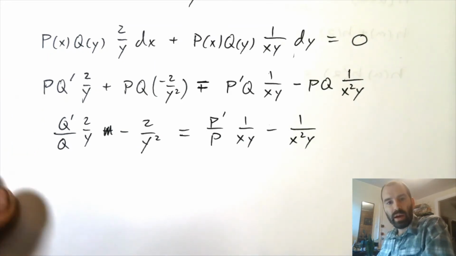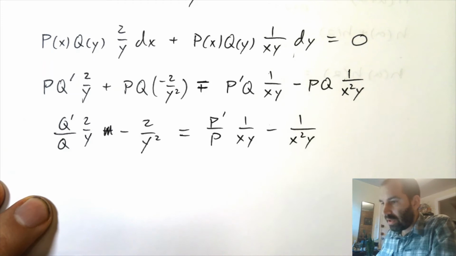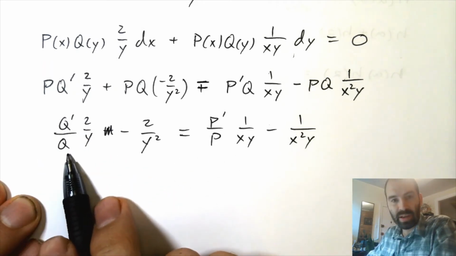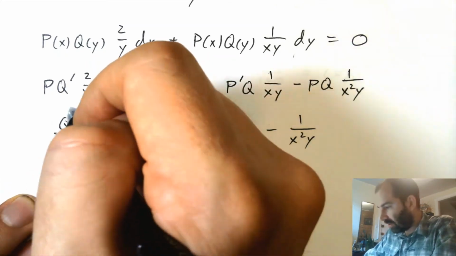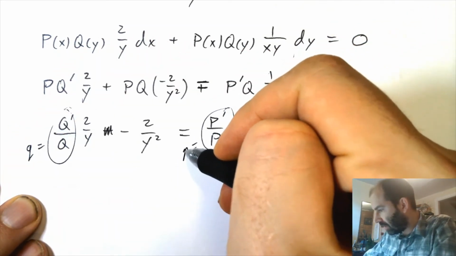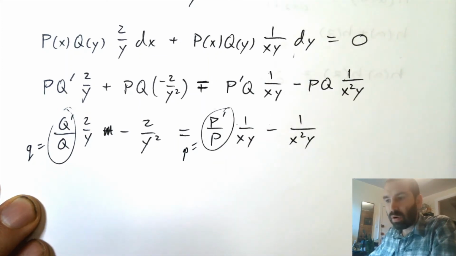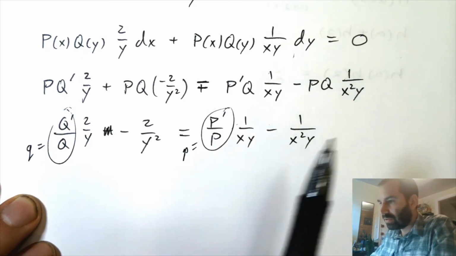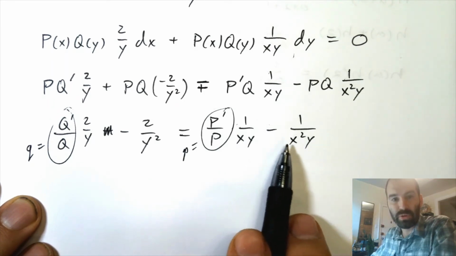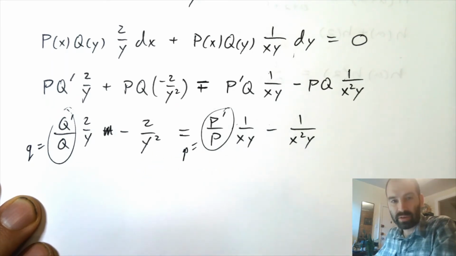Okay. I'm going to let lowercase q be this thing, and I'm going to let lowercase p be this thing. All right, so this is lowercase q, this is lowercase p. Moreover, I'm going to multiply through to clear out all the denominators, so I'm going to multiply through by x squared y squared. Okay, let's see what we get.